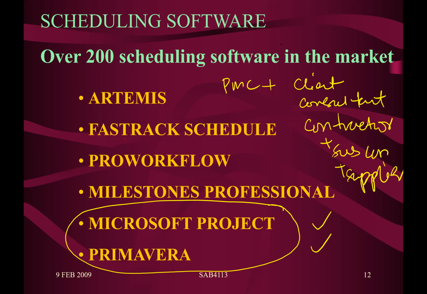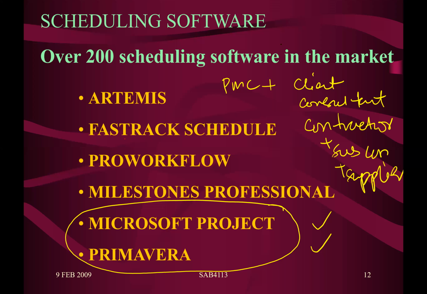So make sure everybody can read it, meaning everybody needs to understand the software itself. So it is better to use the popular software in that country. In Malaysia, for instance, people are well versed with Microsoft Project and Primavera, so you use that software.